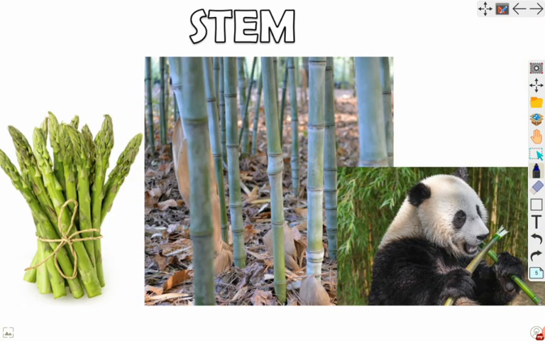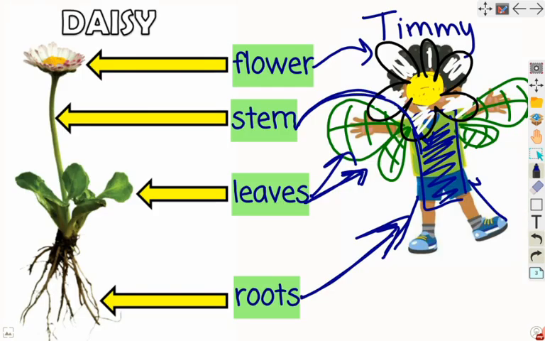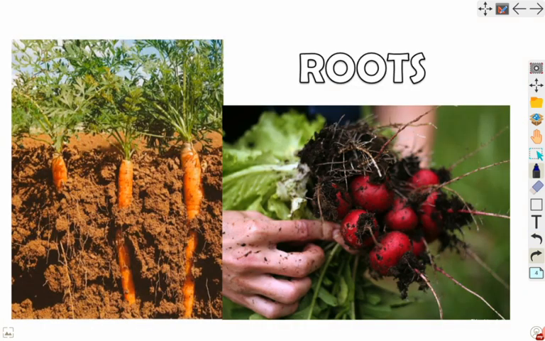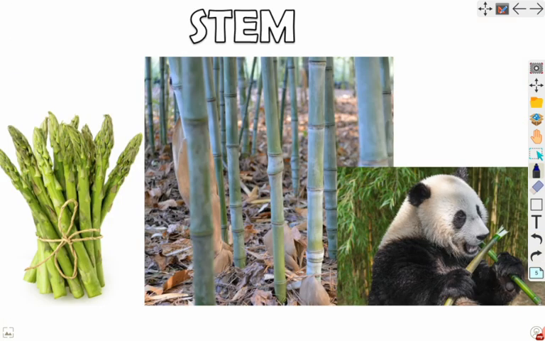Oh dear. And look at the stems. Do you remember the stems of a plant? If you want to eat a stem, you can eat asparagus. Alright, asparaguses are stem. And look at these bamboo stems. Bamboo.